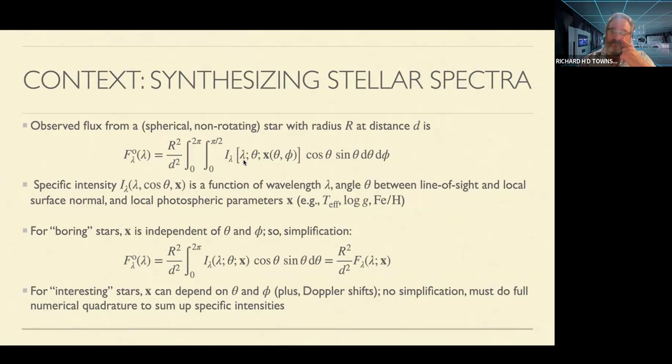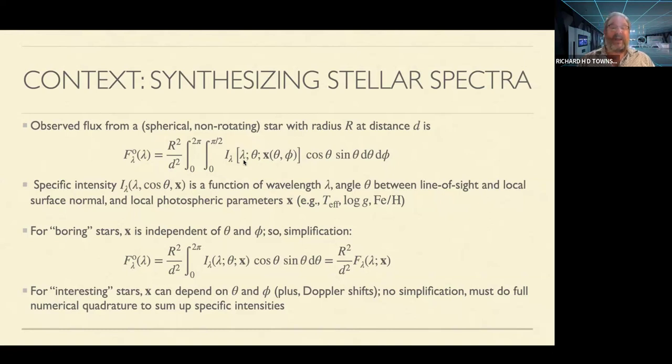So for boring stars, which is most stars people are interested in, this vector of photospheric parameters, x, is independent of position on the surface. All of the surface has the same effective temperature, the same surface gravity, the same metallicity, and so on.